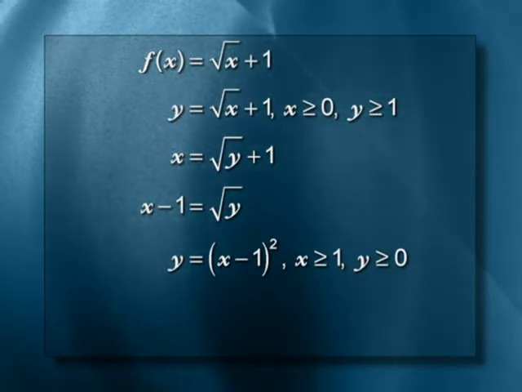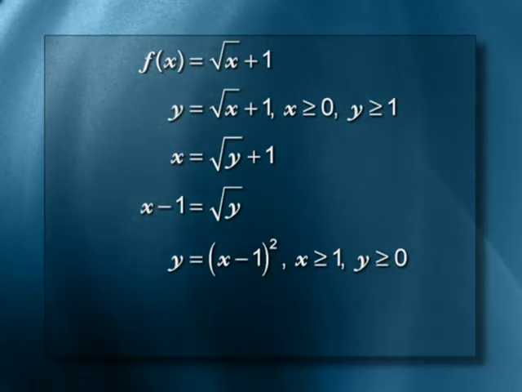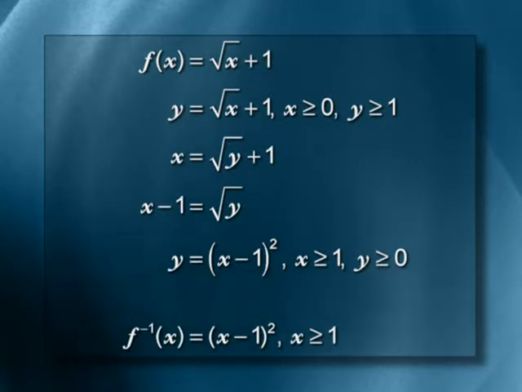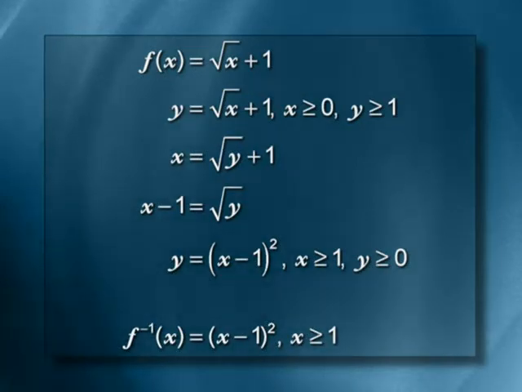So it's really y equals (x minus 1) squared on a restricted domain. The domain is x greater than or equal to 1. Kind of subtle, isn't it? The inverse of that square root of x plus 1 is the function (x minus 1) squared, restricted to the domain x greater than or equal to 1.